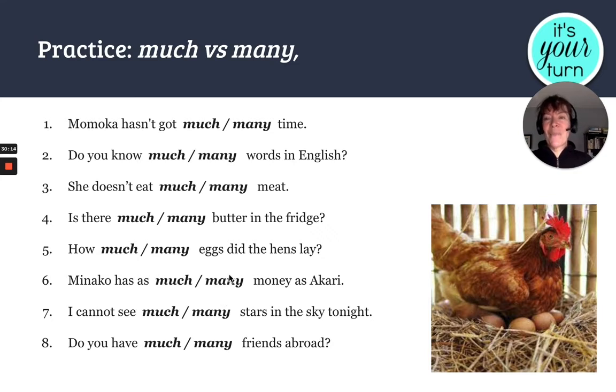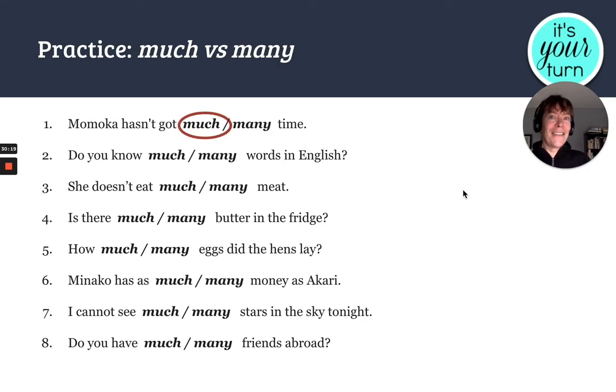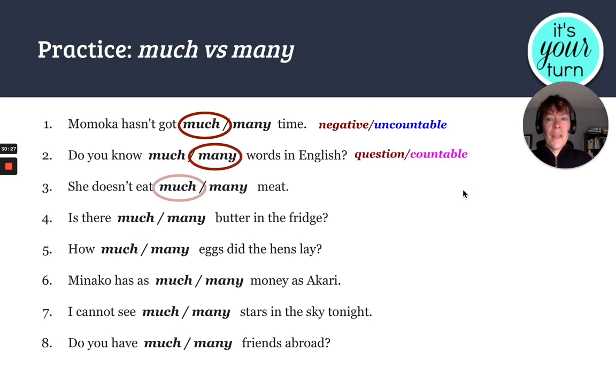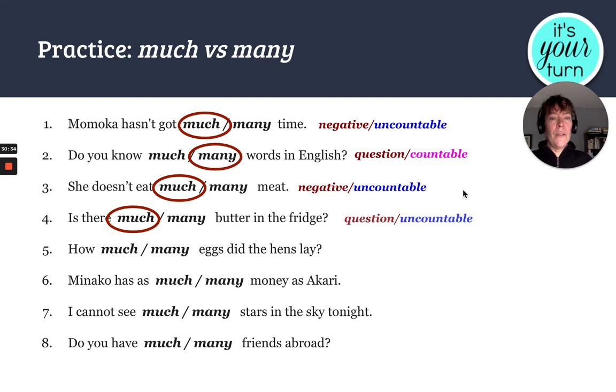Let's check your answers. Momaka hasn't got much time. It's negative, uncountable. Do you know many words in English? Question. She doesn't eat much meat. Negative. Is there much butter in the fridge?